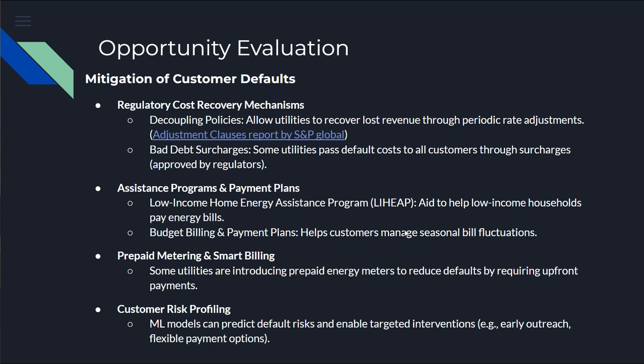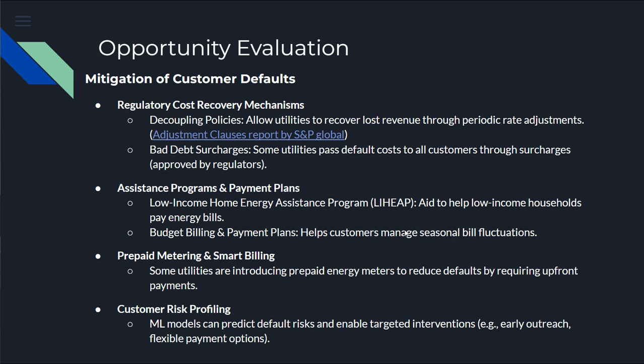And the assistance program and payment plan. The Low Income Home Energy Assistance Program helps low income households to pay for their energy bills. Budget billing and payment plans help customers manage seasonal bill fluctuation, meaning based on the season's conditions there will be a variance in the bill for the services they are using.